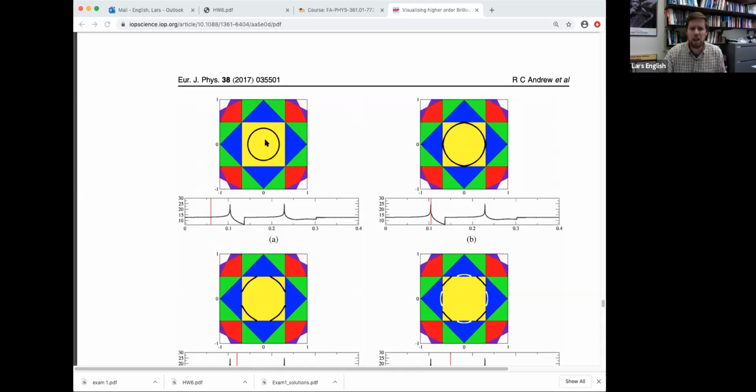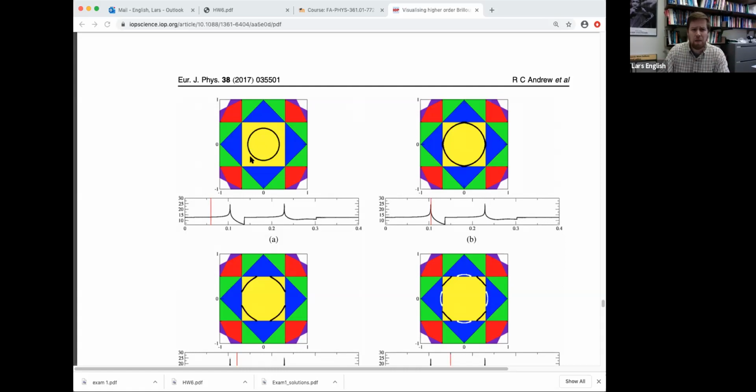And so we could say that everything within that black circle in a monovalent metal would be filled, and everything outside of that black circle would be empty, because we have only enough electrons to fill half of the first band. Therefore we need an area that's half of the first Brillouin zone in area.